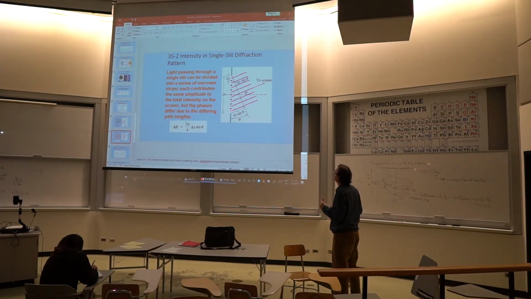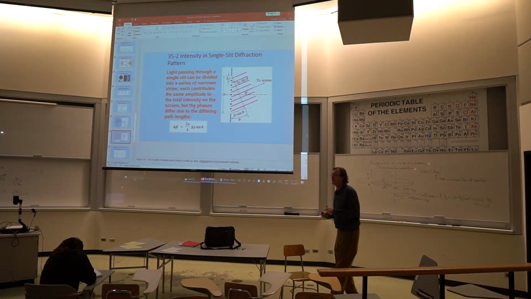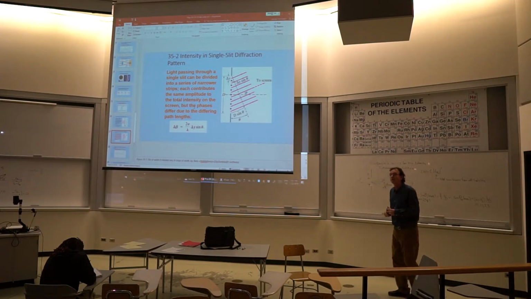That is, the path difference between this ray number 8 and ray number 1 is D sine theta. If this one takes a path difference D sine theta, then it has a phase difference of what?